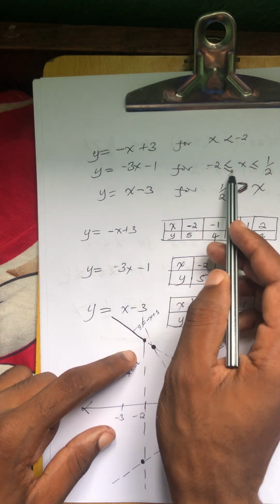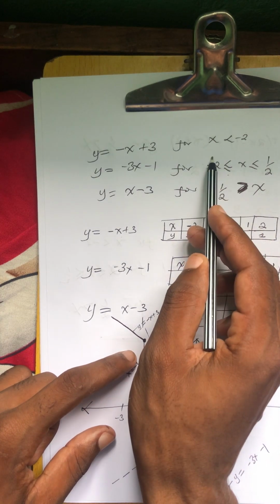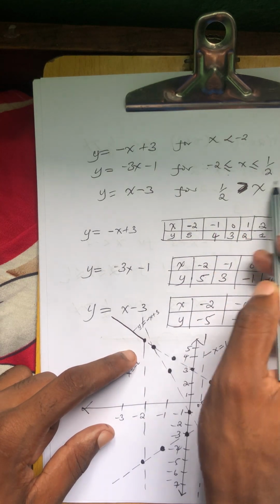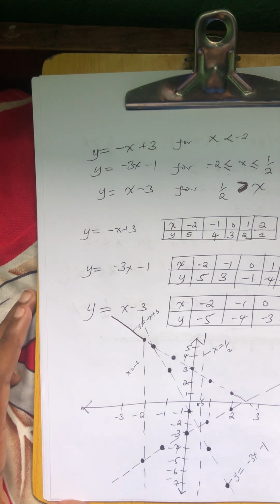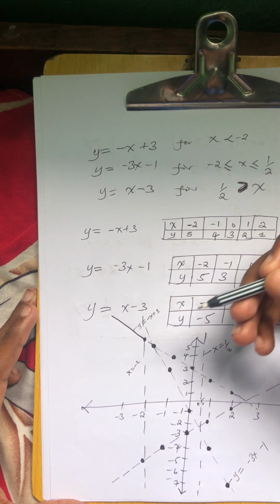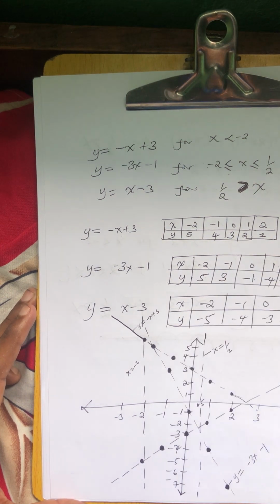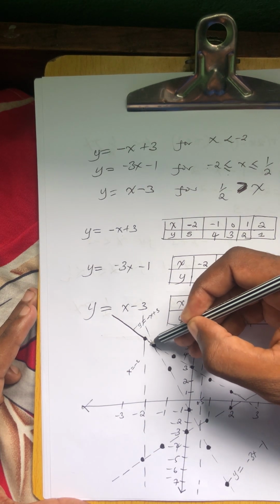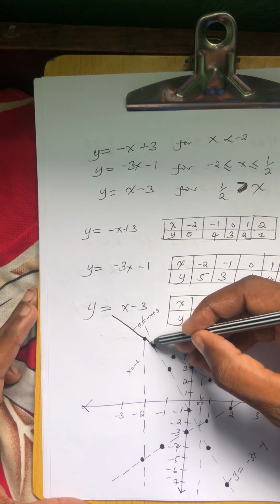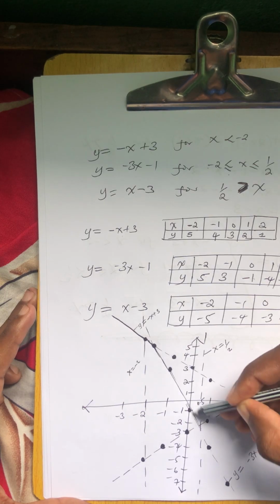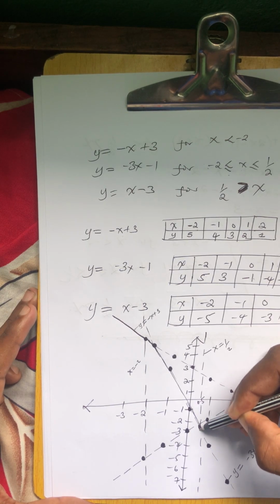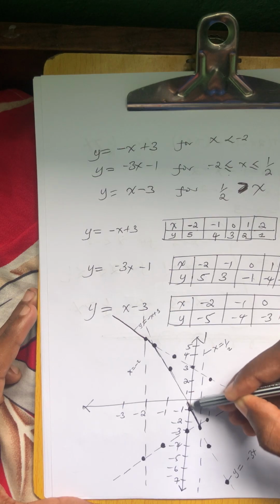Which means if there is an equal sign there, even negative 2 will be included, and half there. Okay. So we'll start from where x is greater than or equal to negative 2, somewhere here. Then we move until a certain point here.